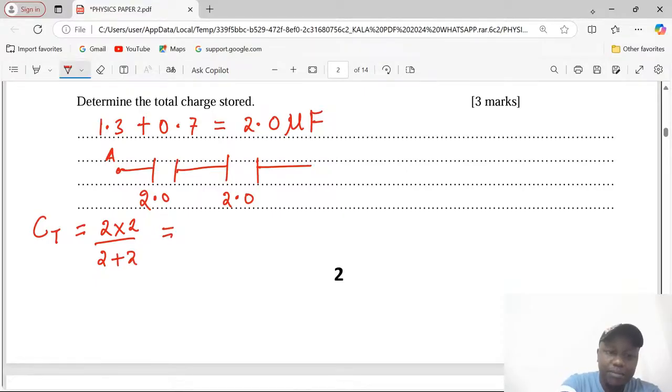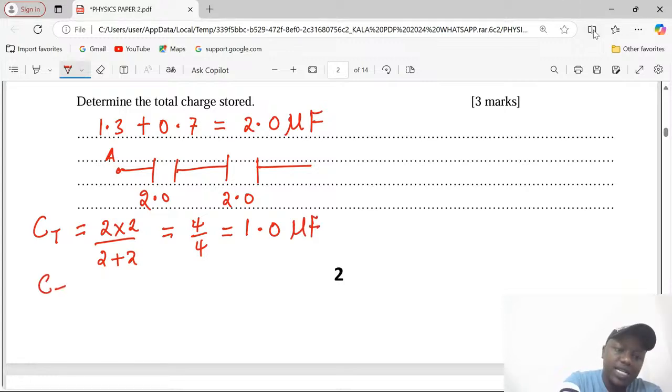Product divided by sum, so 4 over 4 giving us 1.0 microfarads.